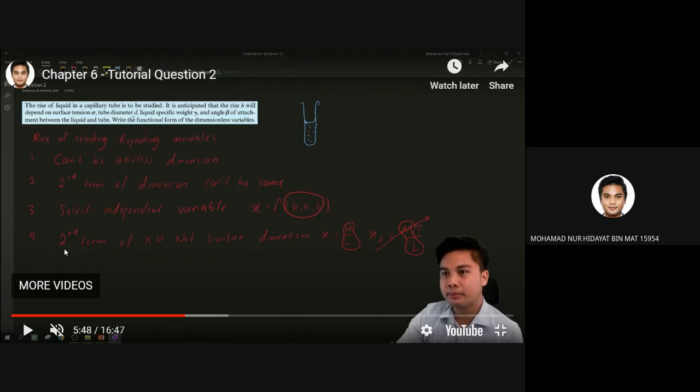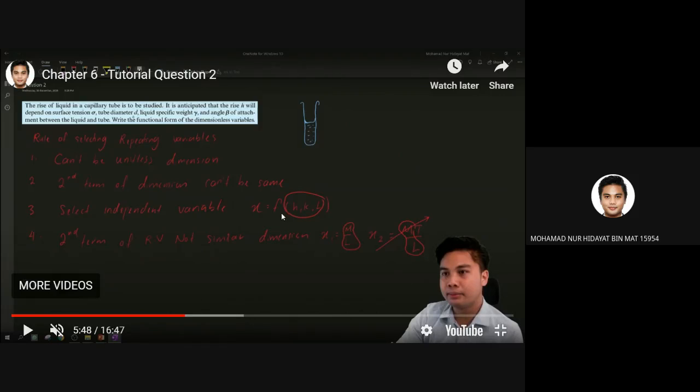Number four, the repeating variables cannot have similar dimensions. I believe point number four has the same meaning as point number two. For example, x1 has the dimension m over l, x2 has the dimension m t over l. So m over l has the same dimension.